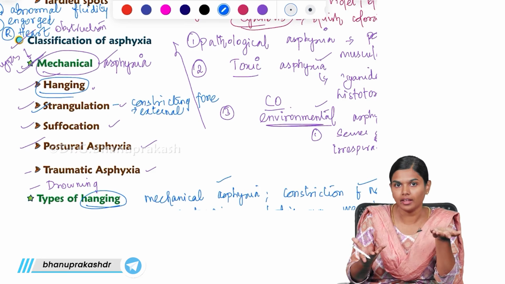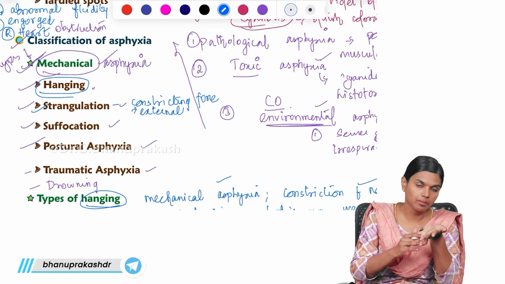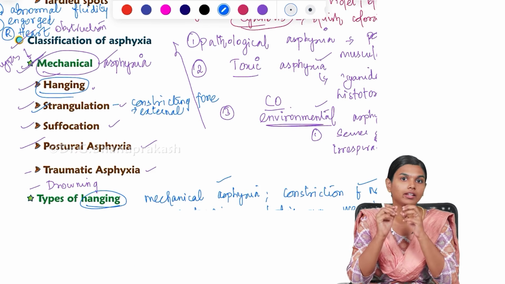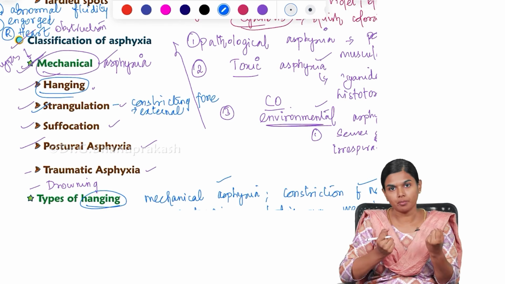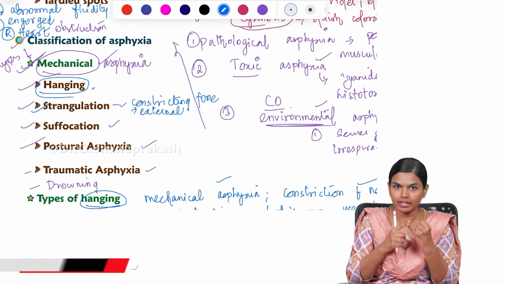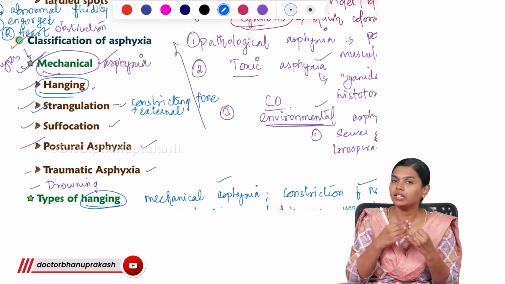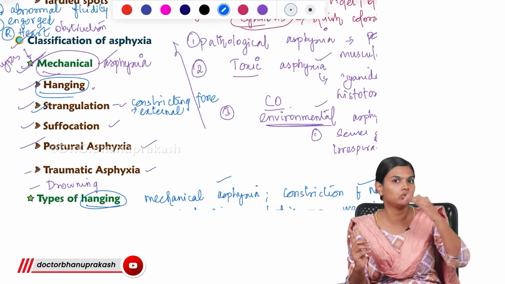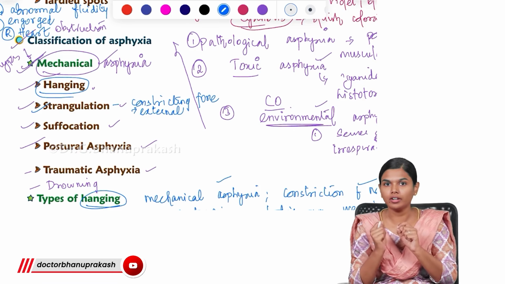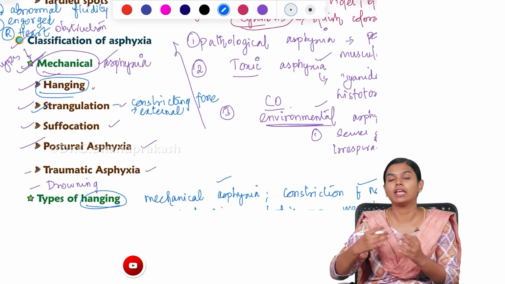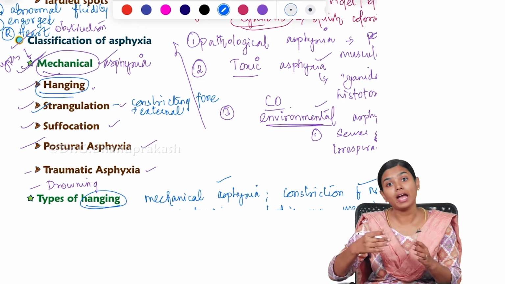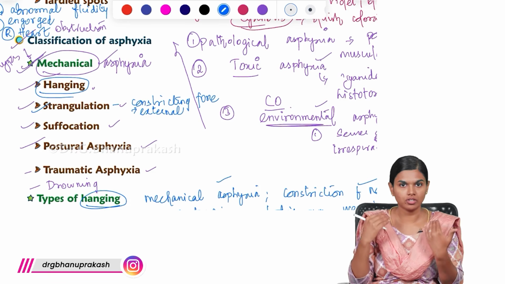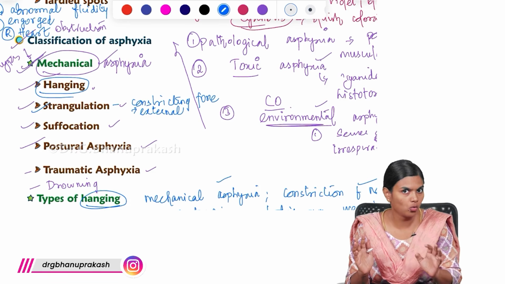That is the hanging. Now, just imagine a case of strangulation, like somebody is constricting a neck using a wire or something. So, there will be mechanical asphyxia, there will be constriction of neck. But the one thing differing from hanging is that the constricting force would be from somebody external. Even if it is something accidental, there will be some external force constricting the neck, not the body's own weight.